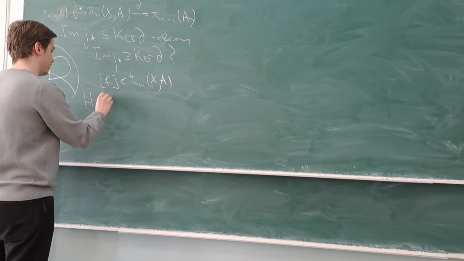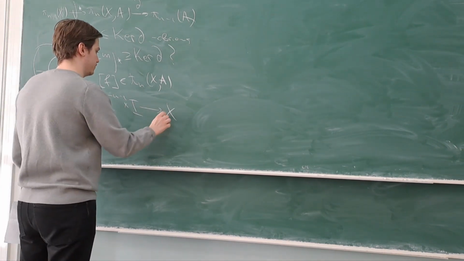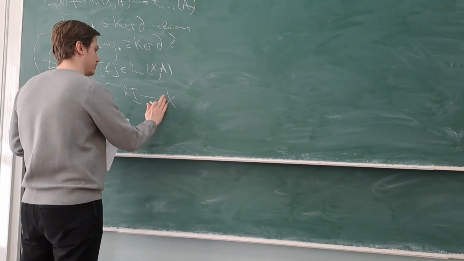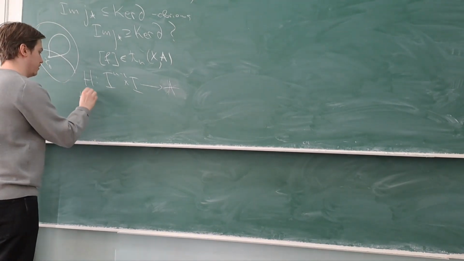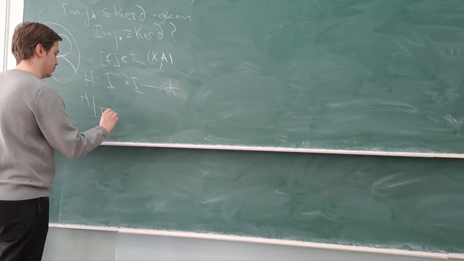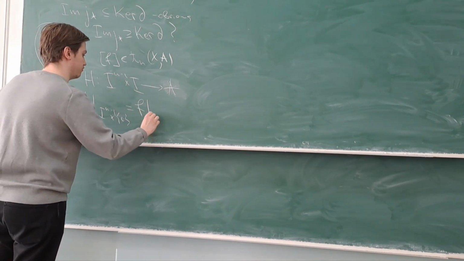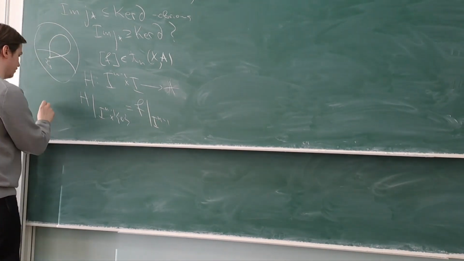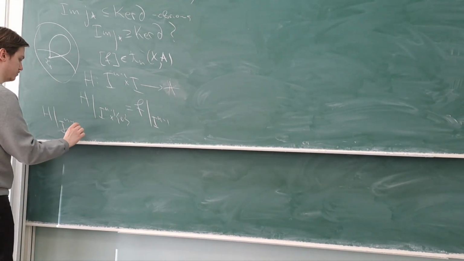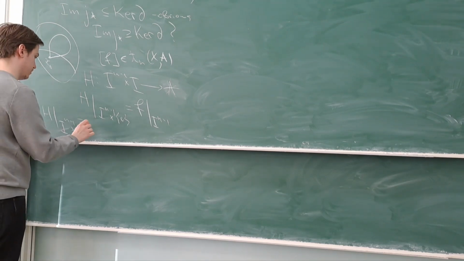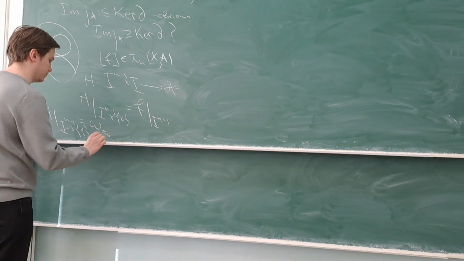It means that there exists a homotopy in A such that the restriction of this homotopy to one part is just the restriction of f, and the restriction of this homotopy to the other part of the cylinder is constant, like 0.